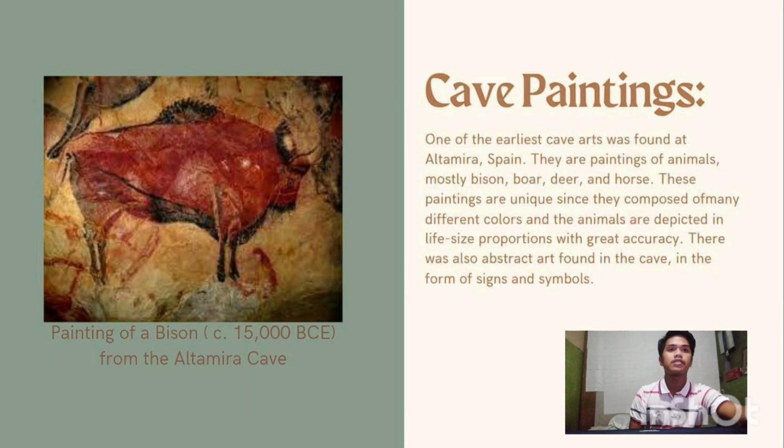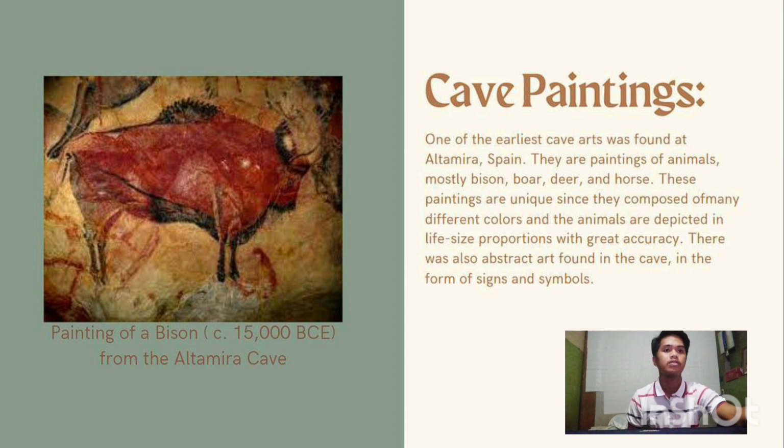Next slide is about the cave painting. One of the earliest cave arts was found at Altamira, Spain. They are paintings of animals, mostly bison, boar, deer, and horse. These paintings are unique since they are composed of many different colors, and the animals are depicted in life-size proportions with great accuracy.